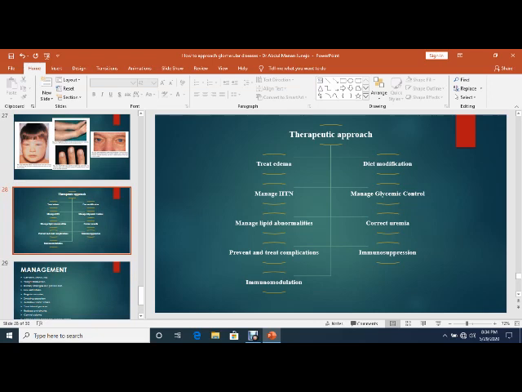After diagnosis and presentation of the patient, the therapeutic approach is very important. It includes lifestyle modification, dietary modification, low salt diet, low protein diet, and fluid restriction, because these patients can present with edema.